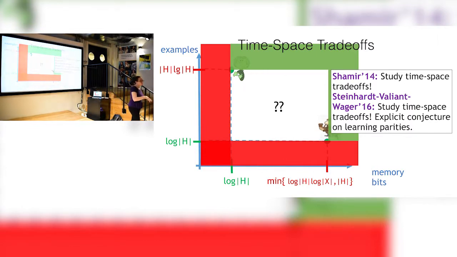It's not important now exactly what parities is, just that it is known to be hard in several cases. So they conjectured that indeed parities is going to be hard also for bounded memory.